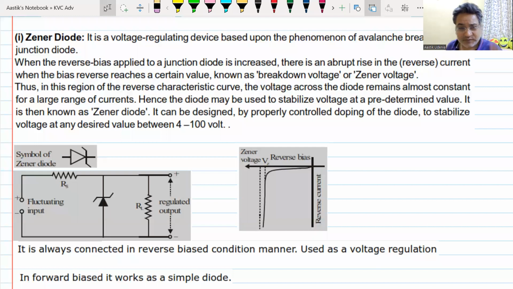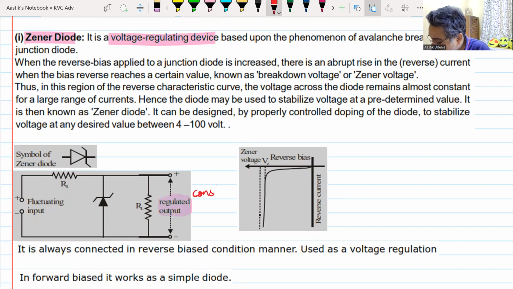Then we come to some special types of diodes, and these questions have come in exams many times. The most important one is the Zener diode, a voltage regulating device. It tries to develop a constant voltage, and this constant voltage is the breakdown voltage or the avalanche voltage.